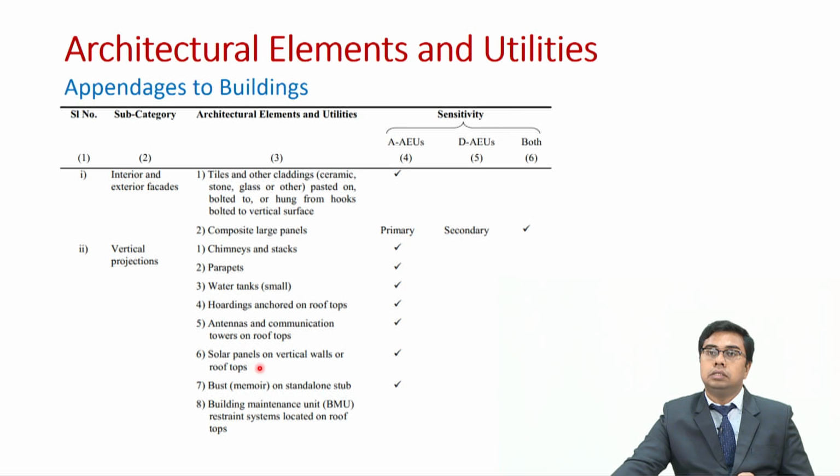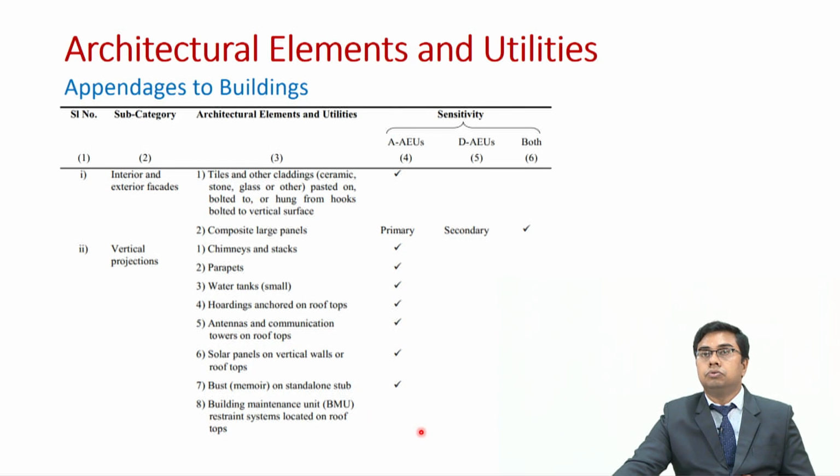Solar panels these days are getting popular on rooftops and some places on the vertical walls as well because of the renewable nature of solar energy. Then bust on standalone stub, then building maintenance unit, restraint system located on rooftops, etc. So, all of these can be classified as acceleration sensitive AEUs because these are stiff and massive in nature.